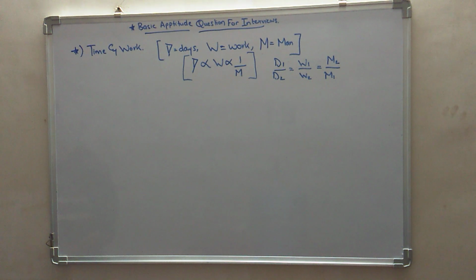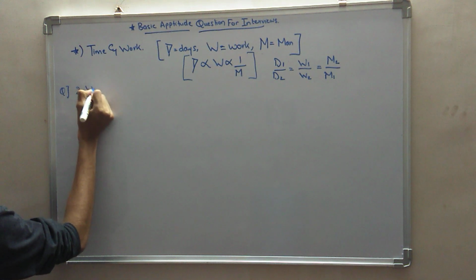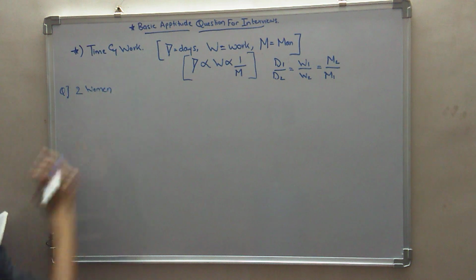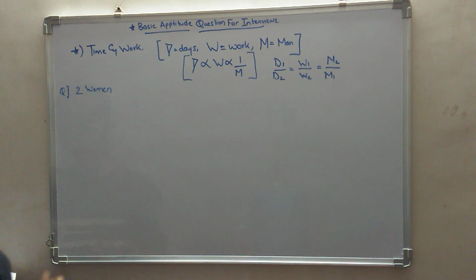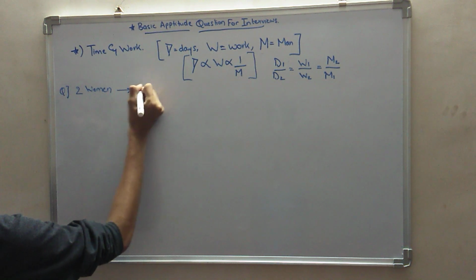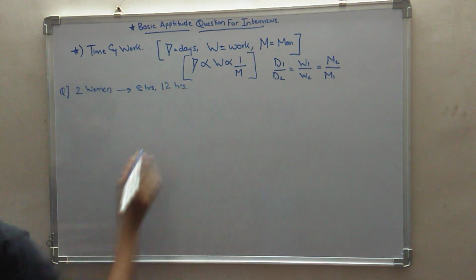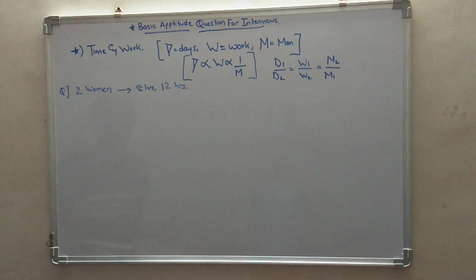The question is, two women work together on a field, in 8 and 12 hours respectively, to mow a field. Two women, A and B, mow a field in 8 hours and 12 hours respectively.